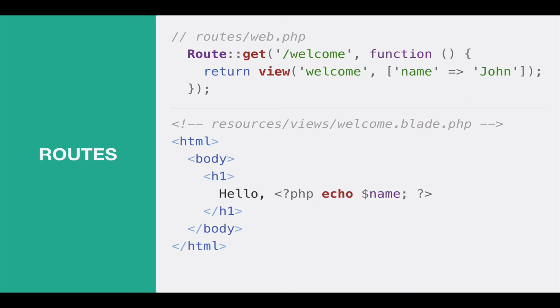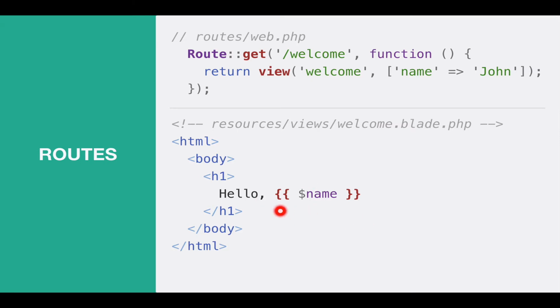Okay? Now, this is using PHP, but this is a Blade file. You can use PHP in a Blade file, but you can also use Blade statements and directives. So another way of writing this would be like this. The two curly braces, the mustache syntax, for those of you who are from web production, you've seen this a lot. We use that exact same syntax, and then we can output the variable.